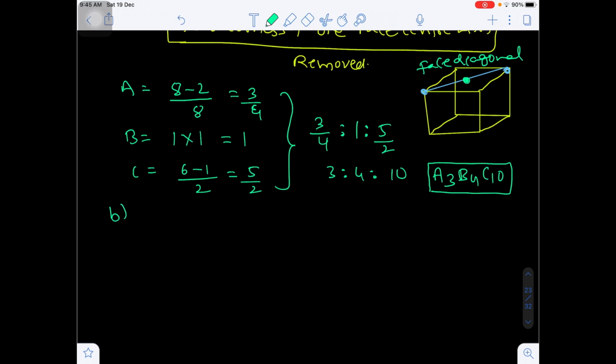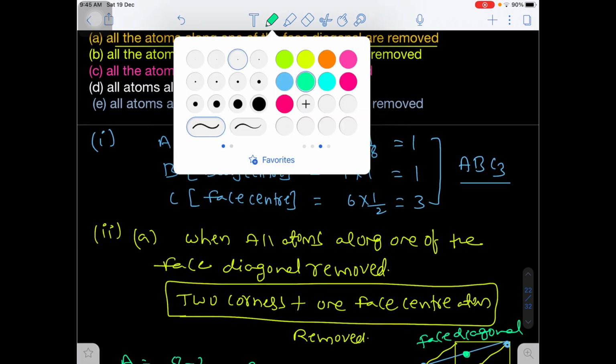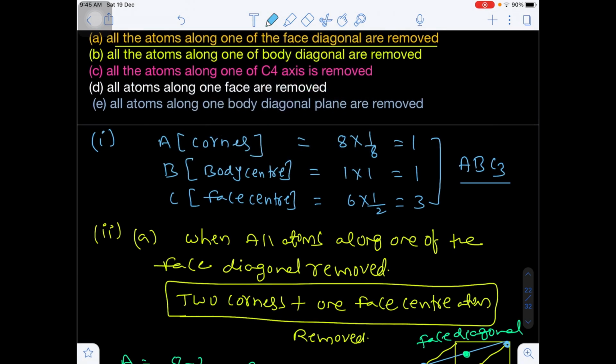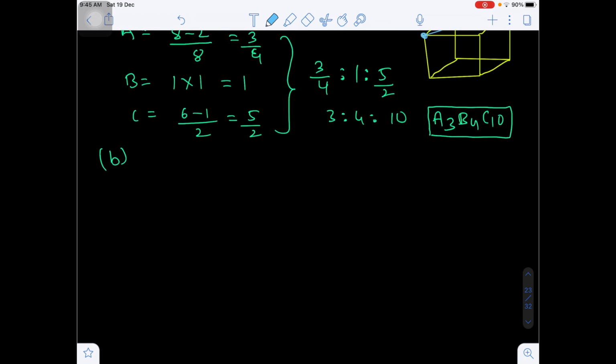Now come to the second bit in part 2. What is given here? If all the atoms along one body diagonal are removed. Now you see, what is the body diagonal?